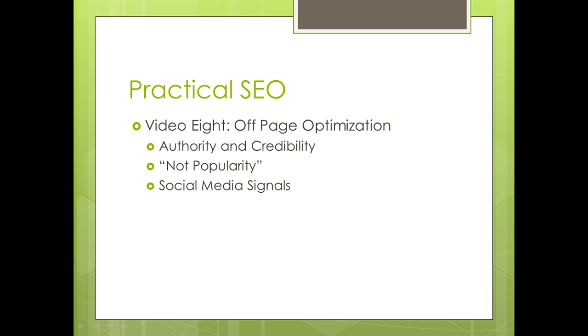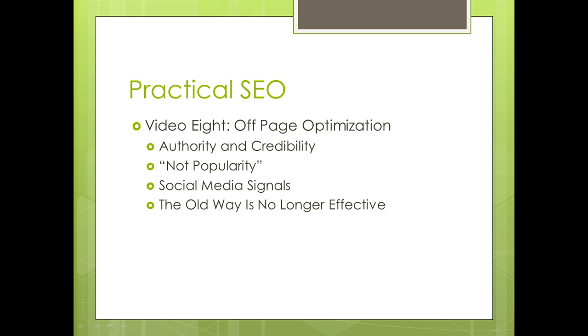And those social media signals typically indicate that when a site is popular and people are sharing that information, then those sites tend to be throwing off signals that say that that site is authoritative or that site has credibility. So while popularity is not a direct contributor to website rankings, it can have an effect indirectly through social media signals and other factors.